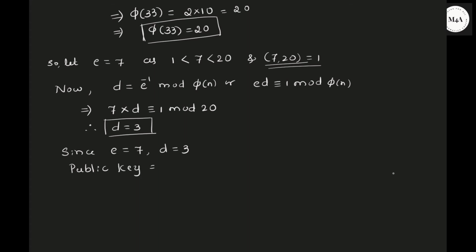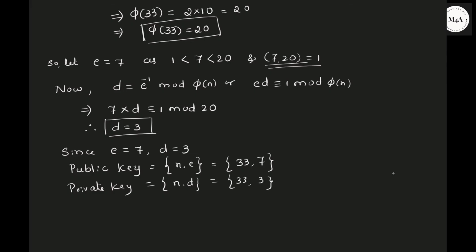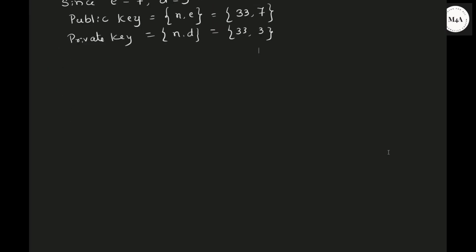Public key is a pair n comma e, that is 33 comma 7, and private key is a pair n comma d, so it is 33 comma 3. Okay, so now you have got the private key and public key.